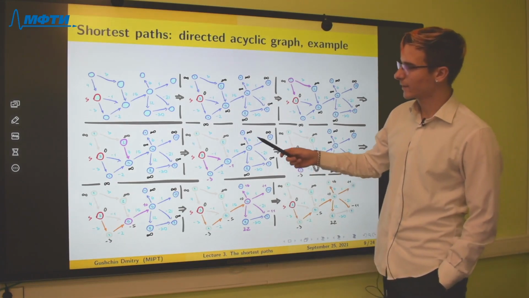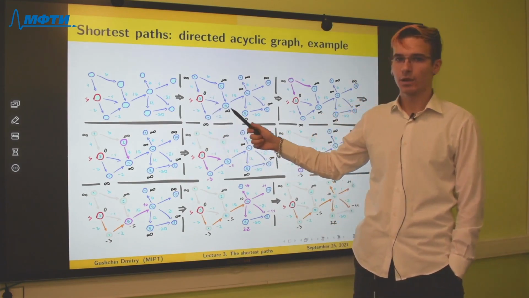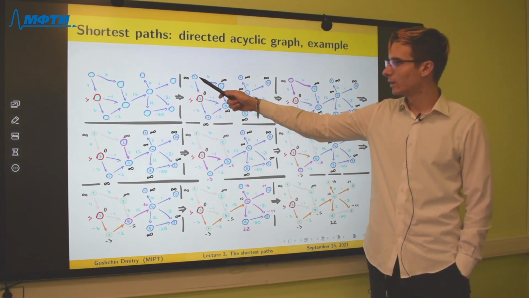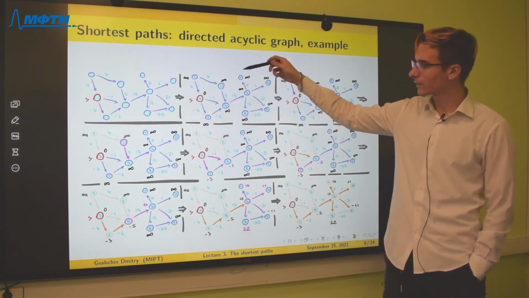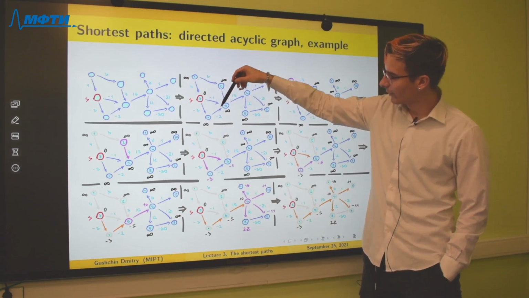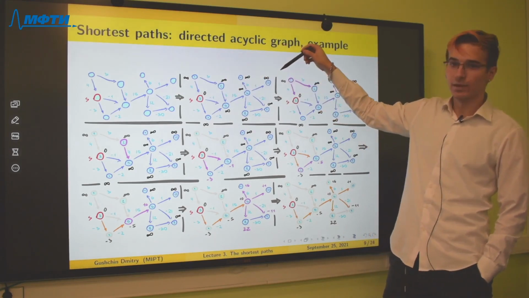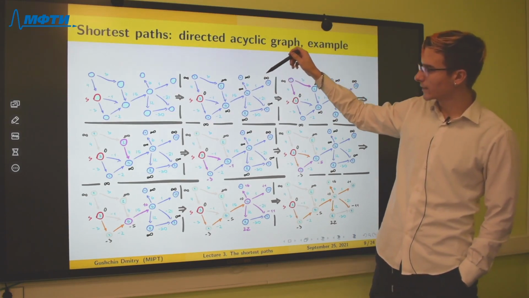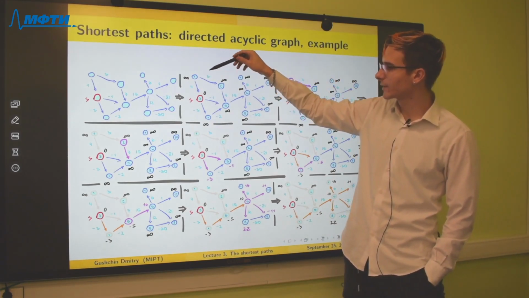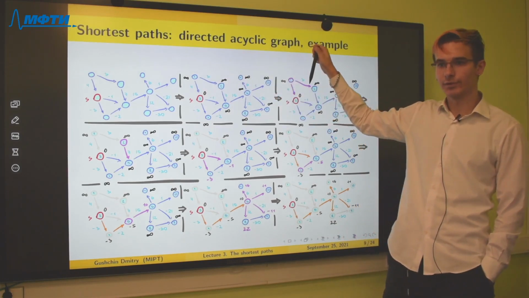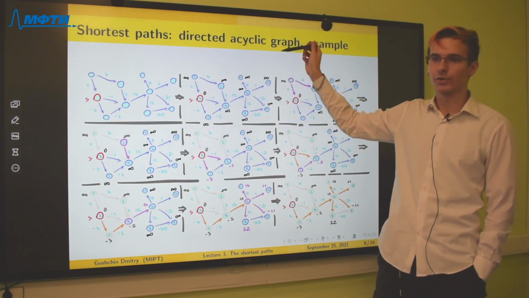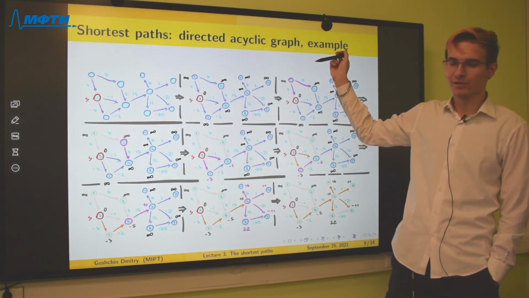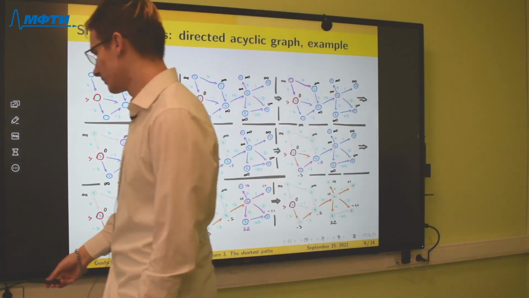Okay, and firstly we use topological sort, and you can see that each vertex has its own number. You can see 1, 2, 3, 4, 5, 6, 7, 8, 9, 10. And if you order it by these numbers, you see that each edge connects a left vertex with a right vertex because of the property of topological sort. Remember it?